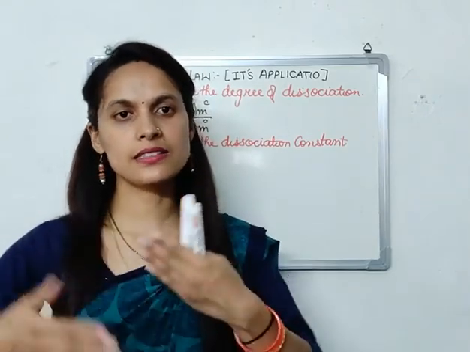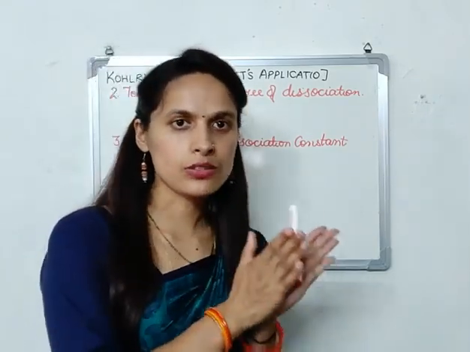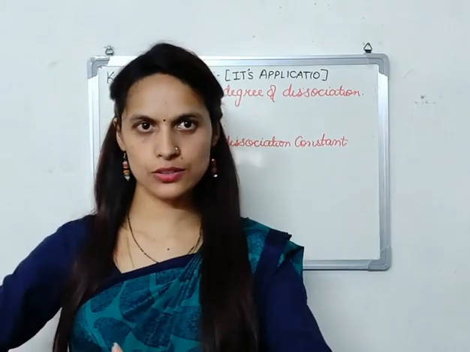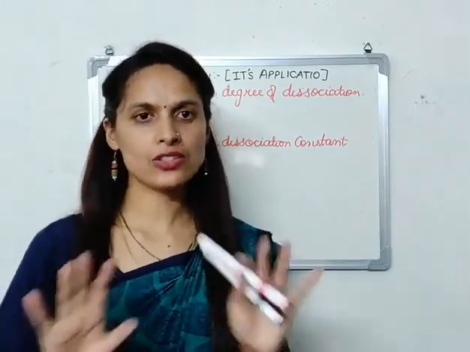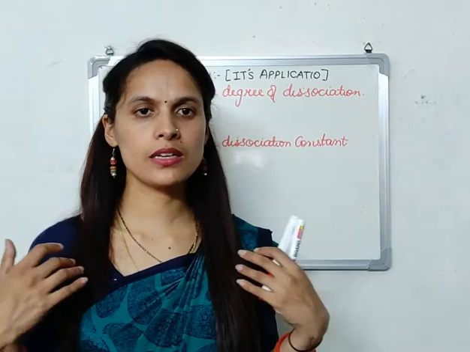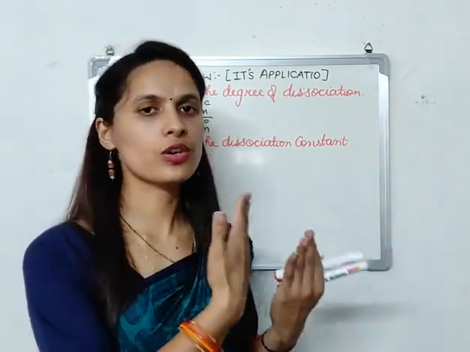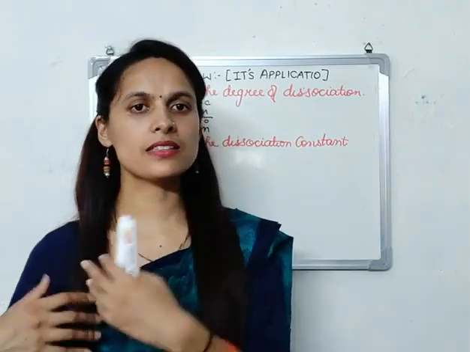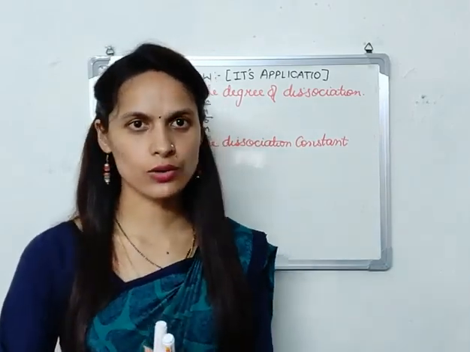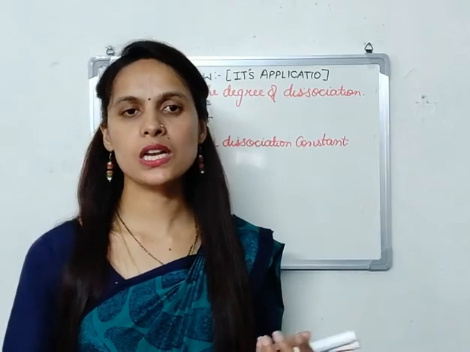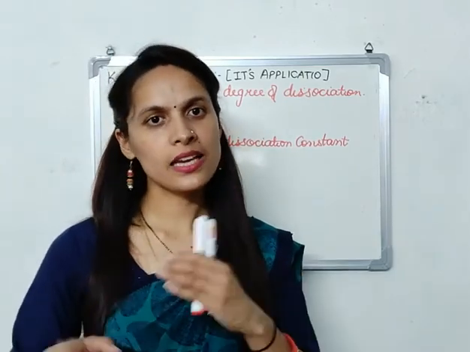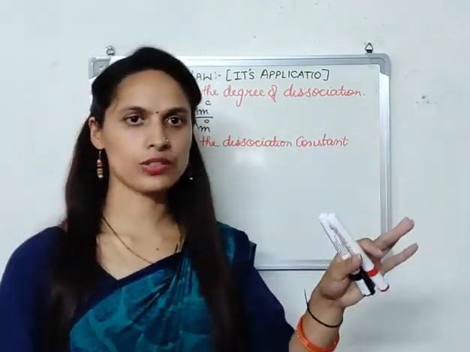So basically there exists an equilibrium between the dissociated and undissociated electrolyte. The reaction seems stopped because there is no change in the concentration of the ions and of the undissociated electrolyte, but there is a dynamic equilibrium between these two, and there we can calculate the dissociation constant.